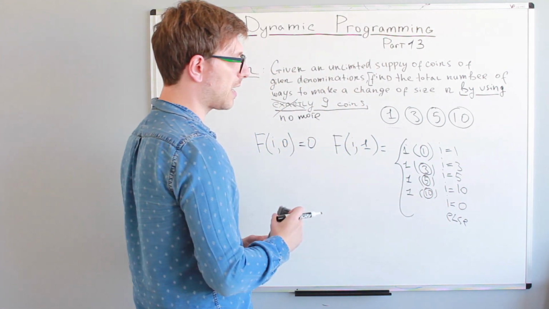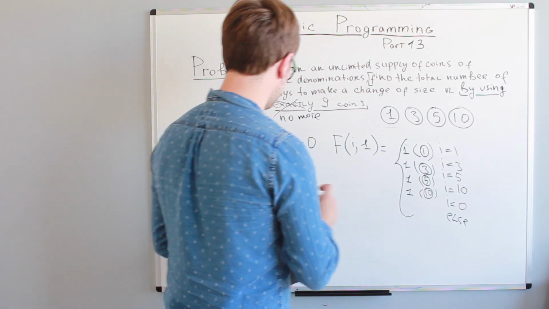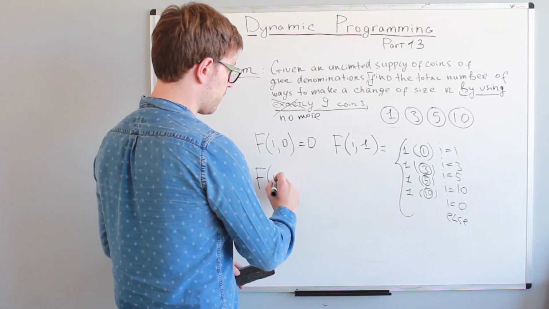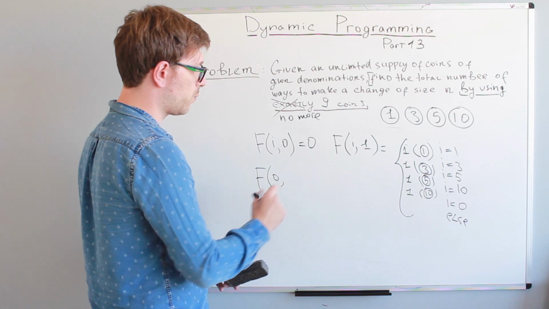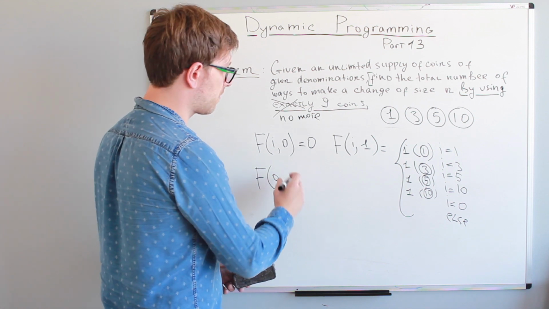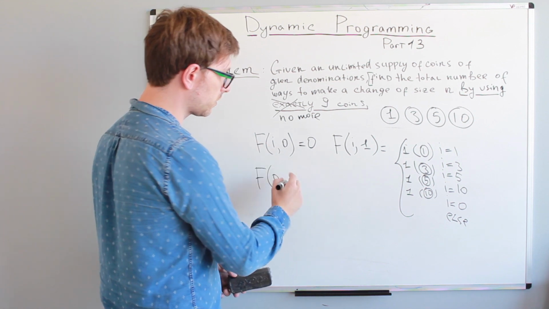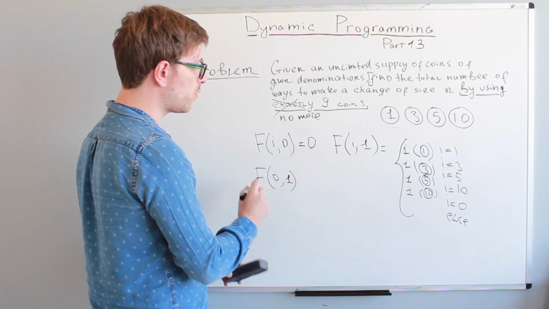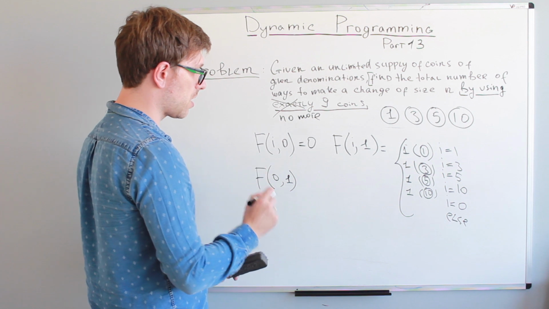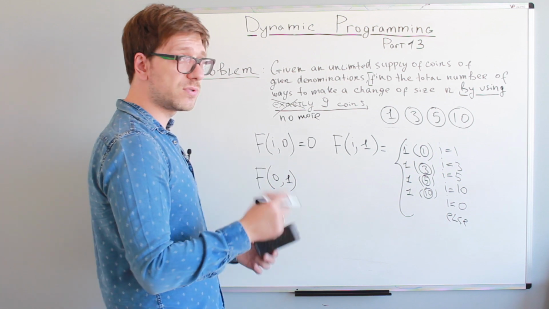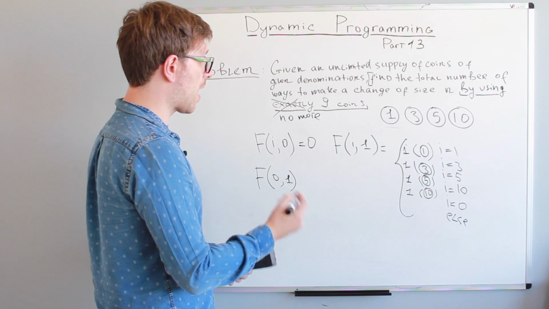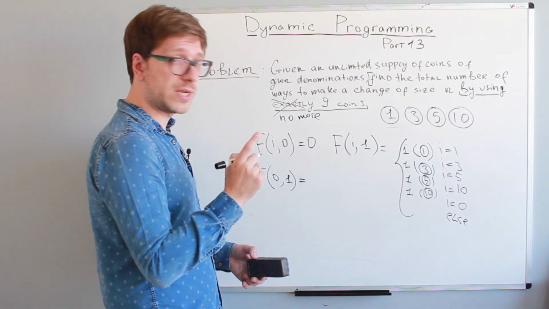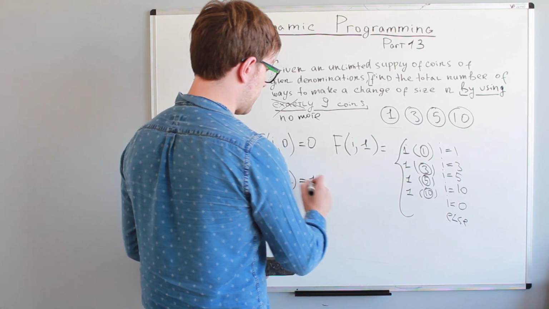Now, what about when I equals to 0? So let's review it. F of 0, and then we have some value of, let's say 1, right? So as in here. So how many ways to make a change of size 0 by using no more than one coin? So there is one way to do that, right?